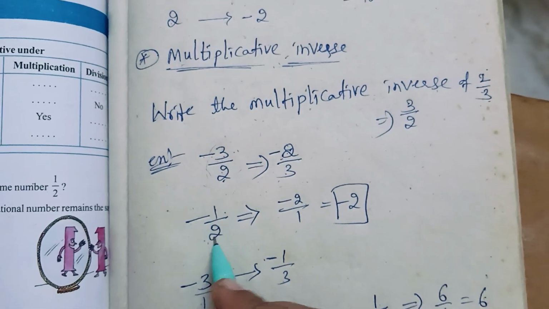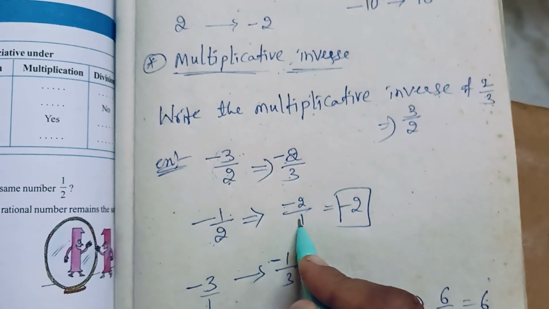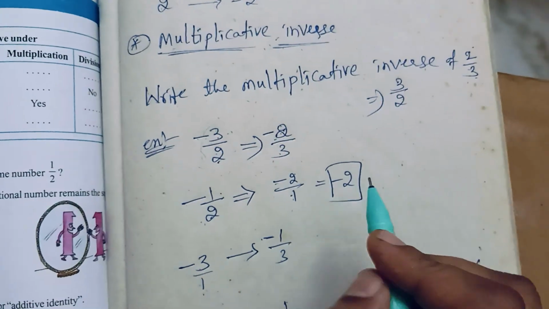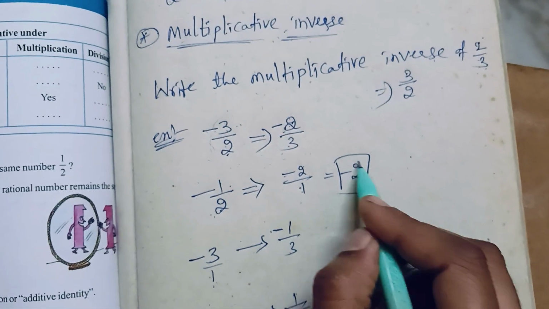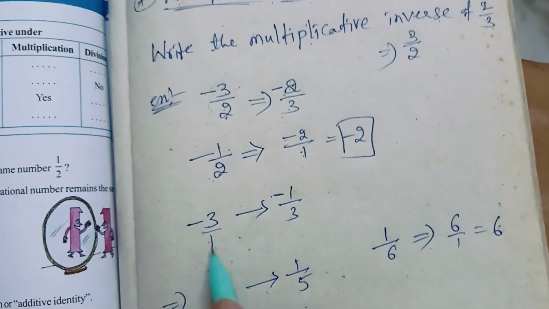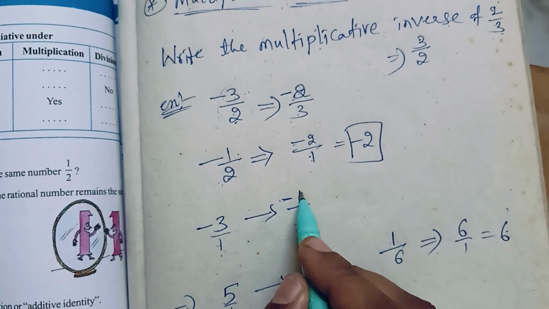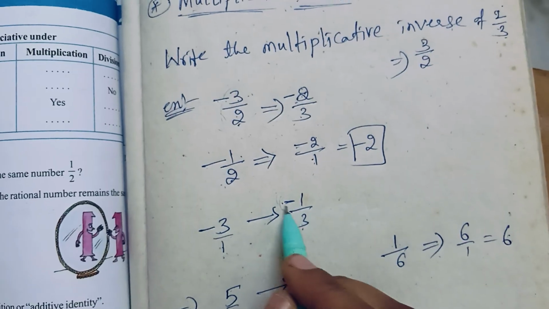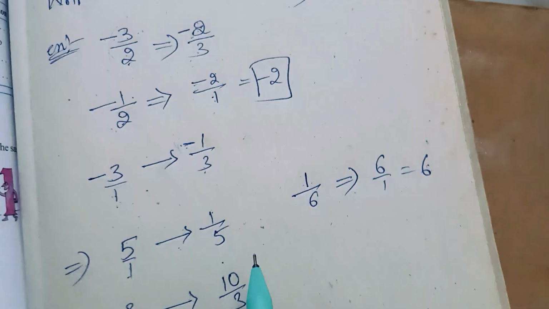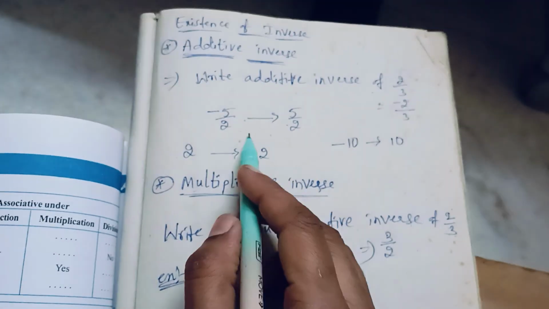Now minus 1 by 2 gives minus 2 by 1, that is minus 2, since a denominator of 1 is considered a whole number. And next, minus 3 by 2 becomes minus 2 by 3. Always put the minus symbol in front of the numerator only. Okay, got it? This is the multiplicative inverse and additive inverse.